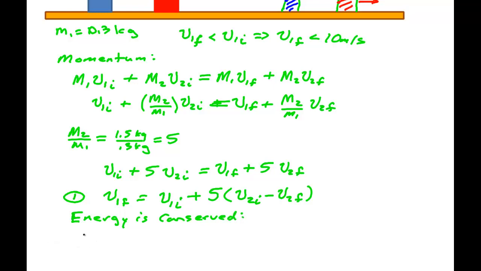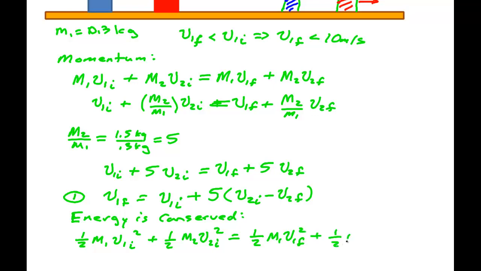So for energy analysis, I have 1/2 m1 v1I squared plus the kinetic energy of the second block, 1/2 m2 v2I squared, and all that has to equal 1/2 m1 v1 final squared plus 1/2 m2 v2 final squared.